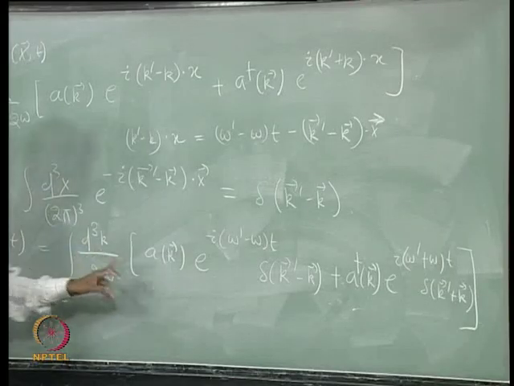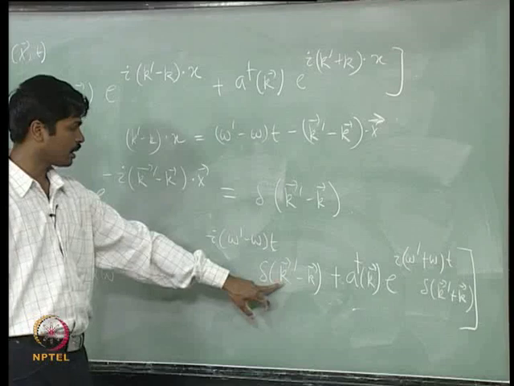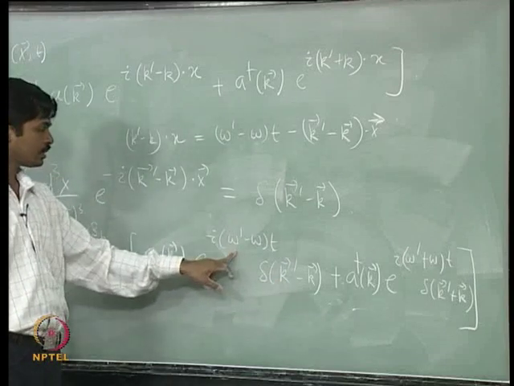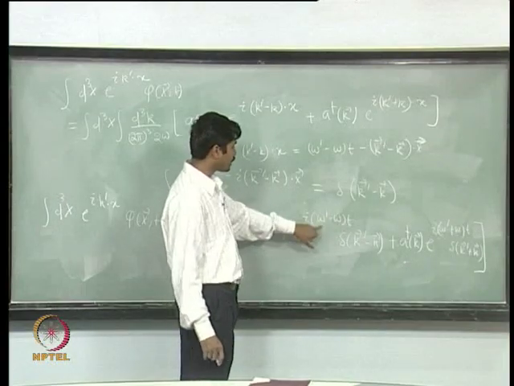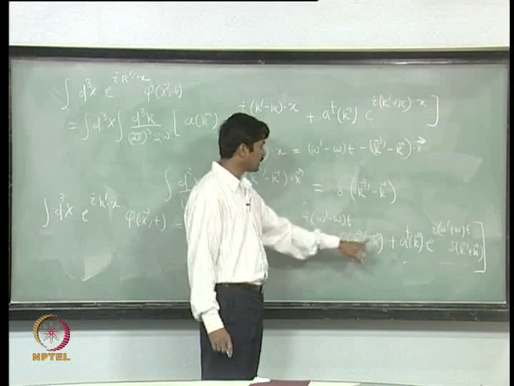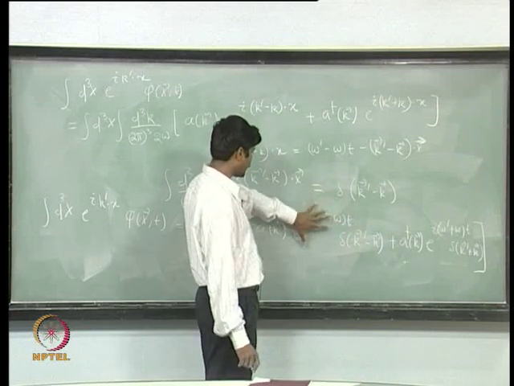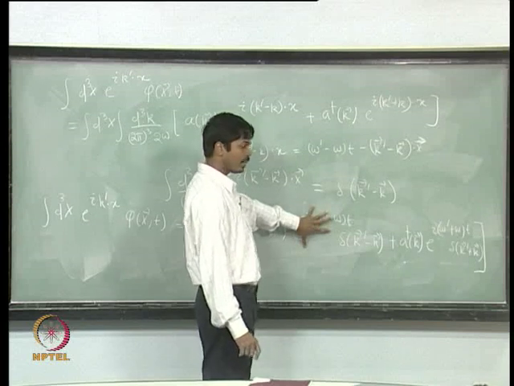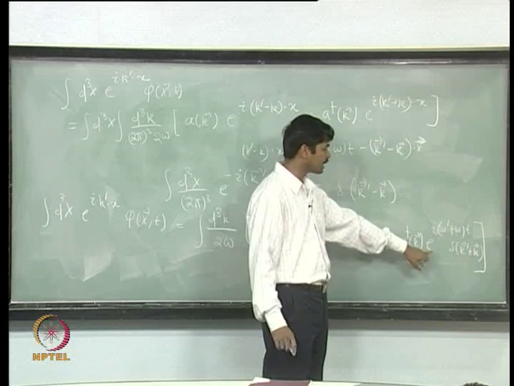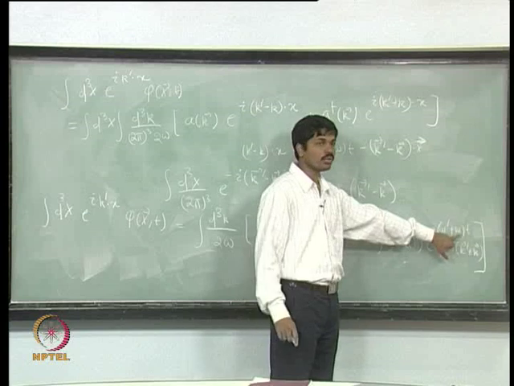Now, you can carry out the k integration, and when you carry out the k integration, you see here if k prime is equal to k, then omega prime is equal to omega. So, this exponential factor here will become 1, whereas in the second term you will get e to the power 2i omega t.